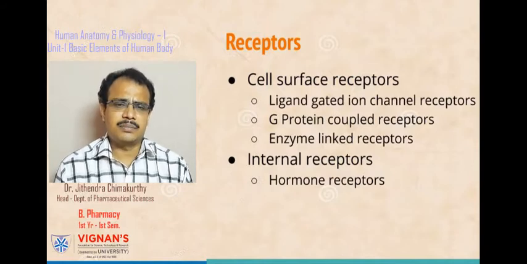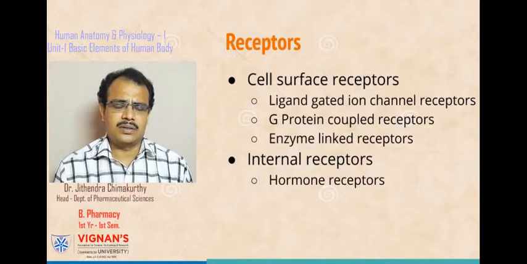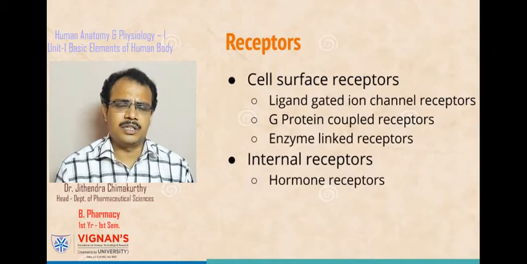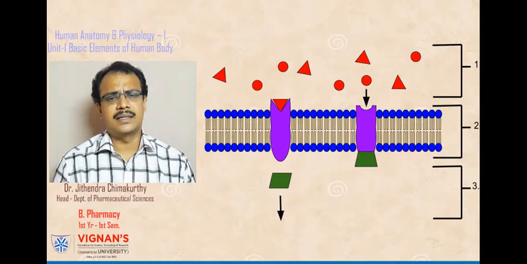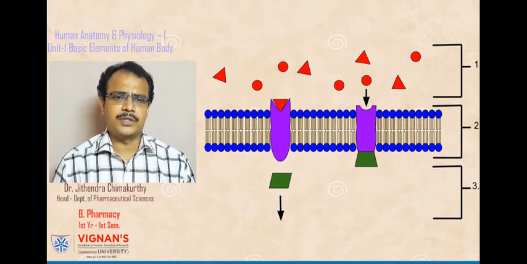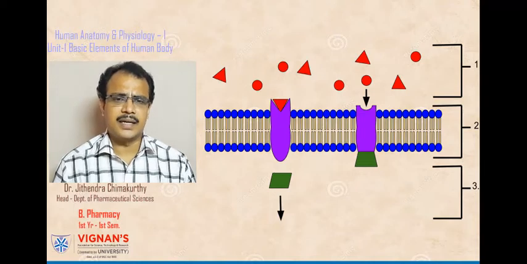Generally, any receptor is an internal structure of the cell, and this structure or receptor, which is made up of protein chains, binds with a signaling molecule, and this signaling molecule is called a ligand.